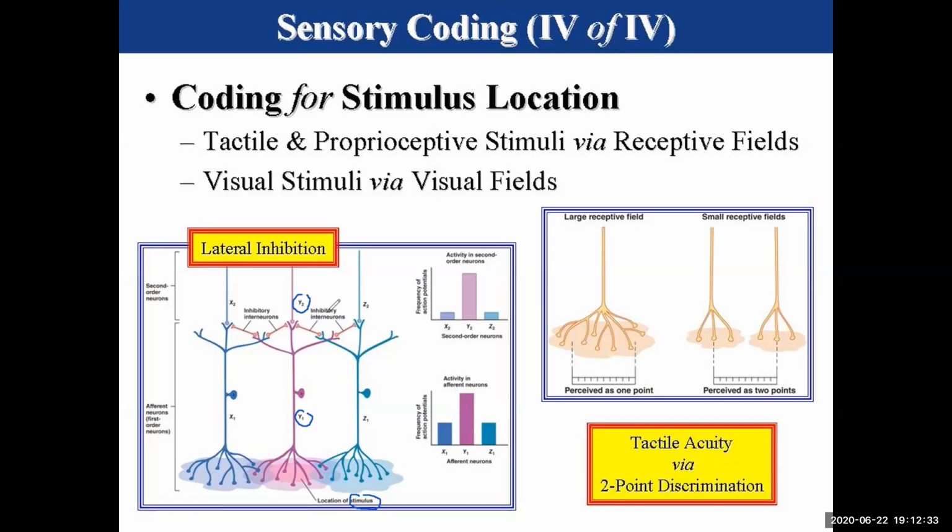And these inhibitory interneurons will basically induce Z1 to release less neurotransmitter synapsing with Z2. Same thing here, inducing X1 to release less neurotransmitter into the synapse with X2.